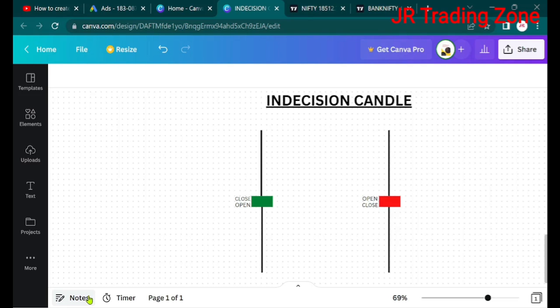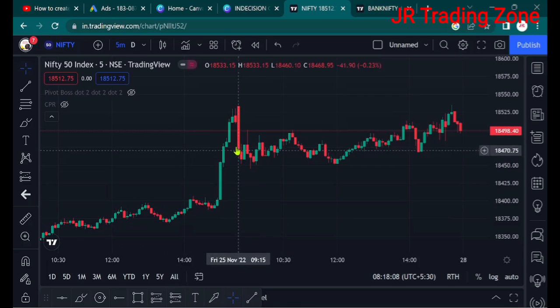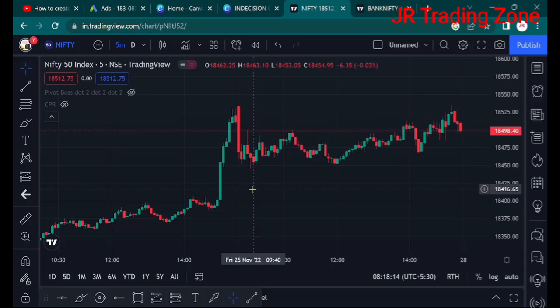Let's go to the chart. Now let's go to the real chart and see how our candlesticks are working. This is the 25th of November. The first 5-minute candle is a big red candle. What does it represent? A big red candle, according to candlestick, denotes bearishness in the market.